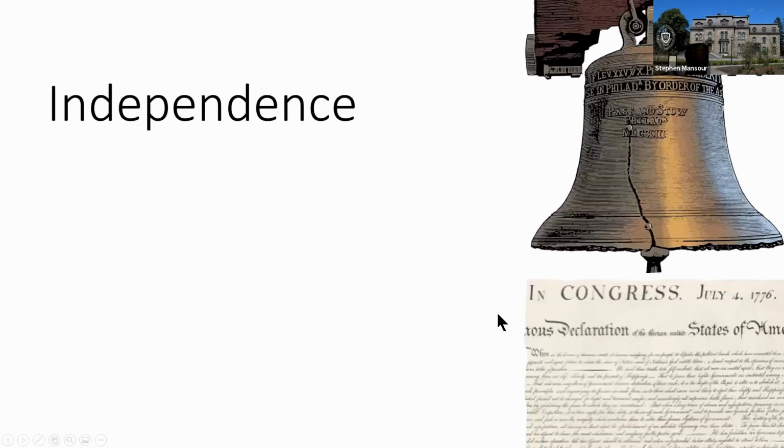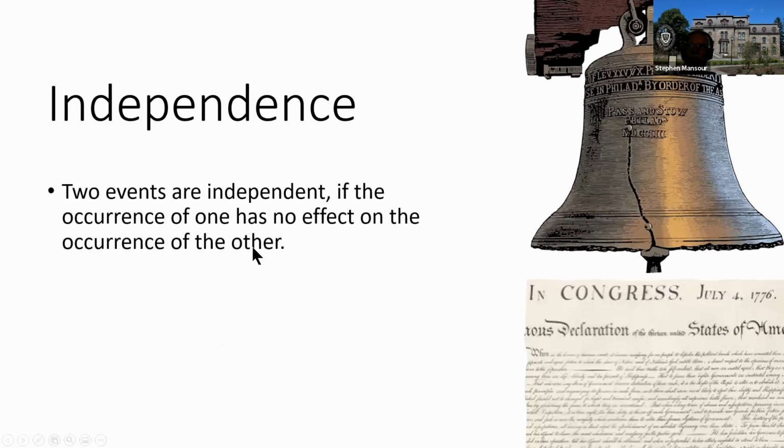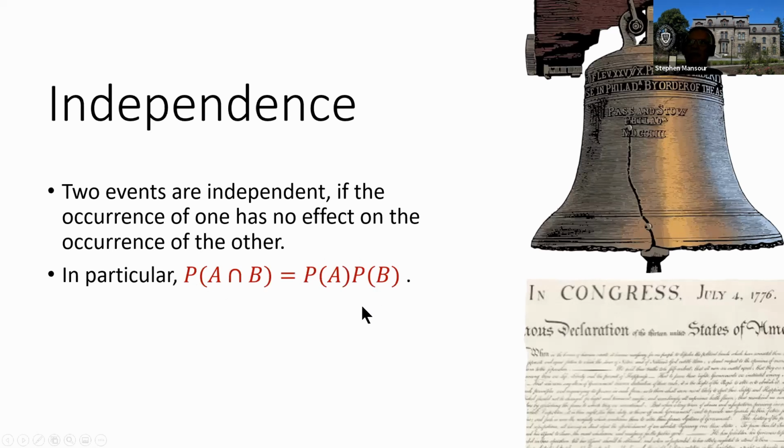If we have two variables that are independent of each other, the calculations are simpler. Basically, if two events are independent, the occurrence of one has no effect on the occurrence of the other. So in particular, the probability of A intersect B, or probability of A and B both being true, is simply the product of the individual probabilities.